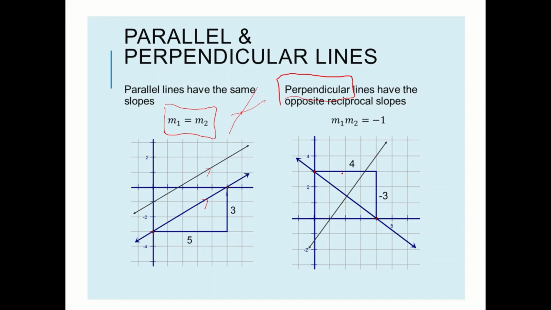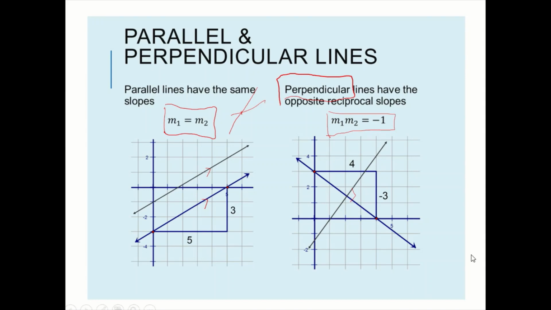It means that for perpendicular lines, the two lines intersect and form a 90 degree angle at the intersection point. So we call that a perpendicular line. For perpendicular lines, m1 multiplied by m2 is equal to -1. It means that if we take the two slopes and multiply them, we will always get -1.